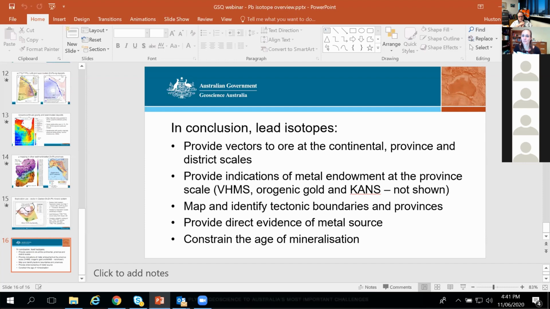Unfortunately, for lead isotopes, you have to have a lead-rich sample. So you have to have actually an ore sample, a mineralized sample. So you're limited to where the mineralized samples are in terms of constructing a diagram like that. There are inherent problems with it, and we recognize that.